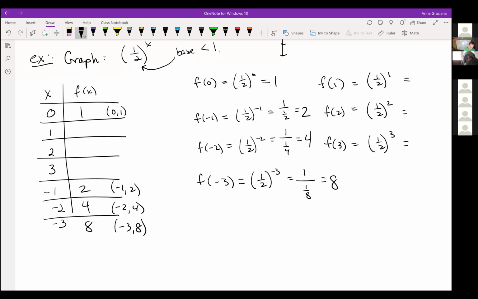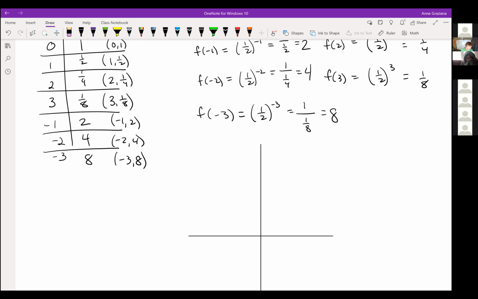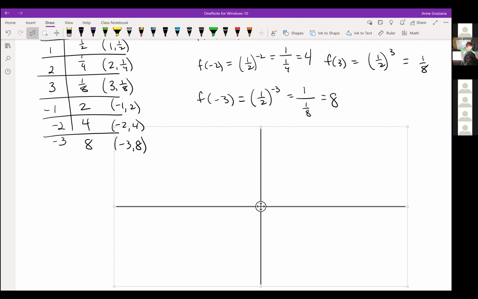Any questions? These other ones are a little more straightforward. You just got to square them. So it's 1/2, 1/4, 1/8. All right, so here we go. Any questions on how to get those numbers?